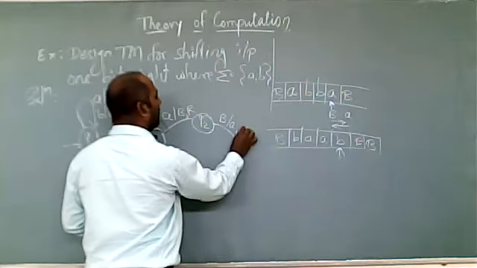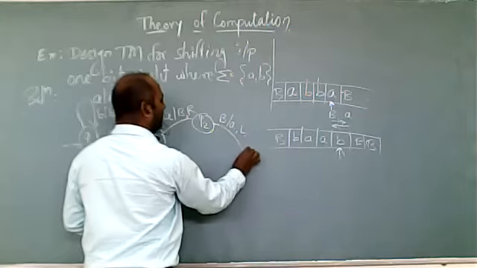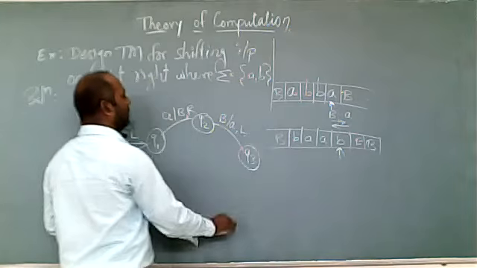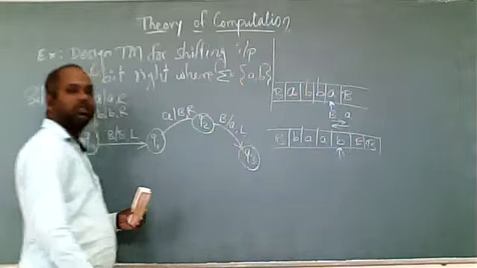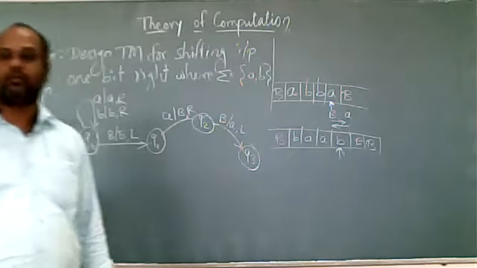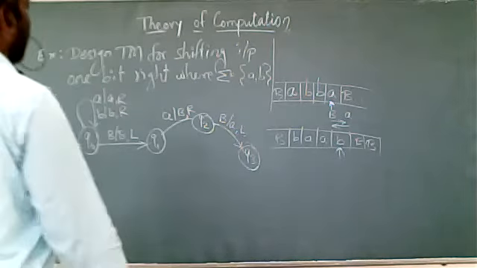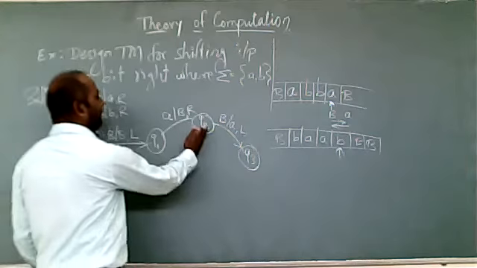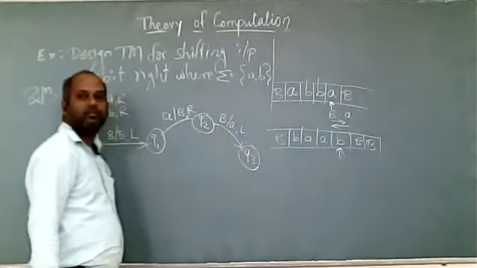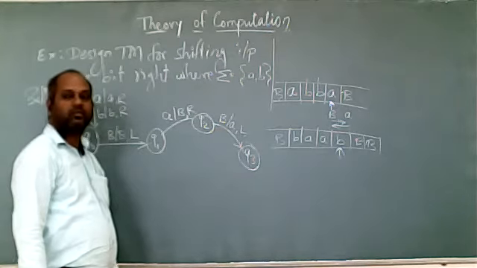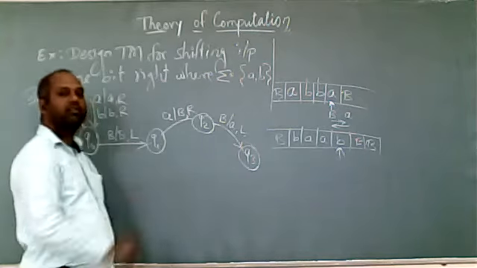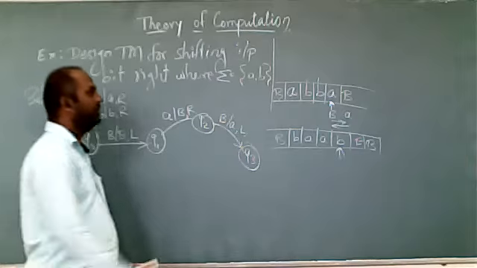This goes to Q3. So this is what it is: A replaced with blank and right, then blank replaced with A and left. So this will shift one bit.